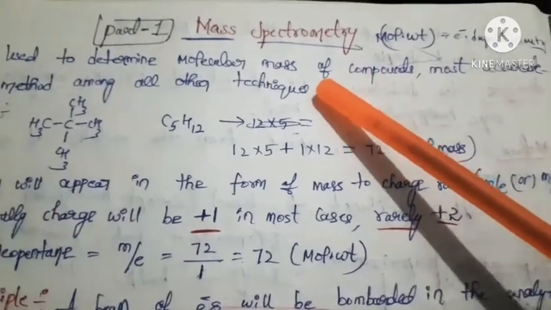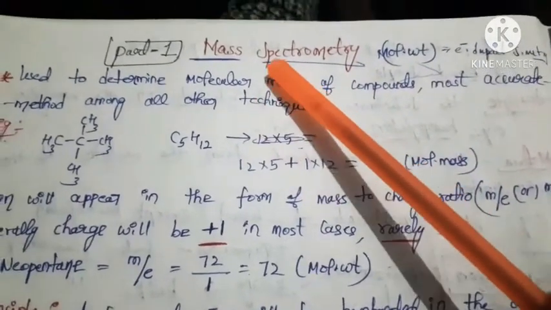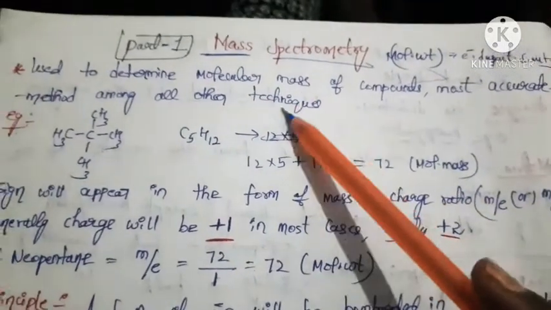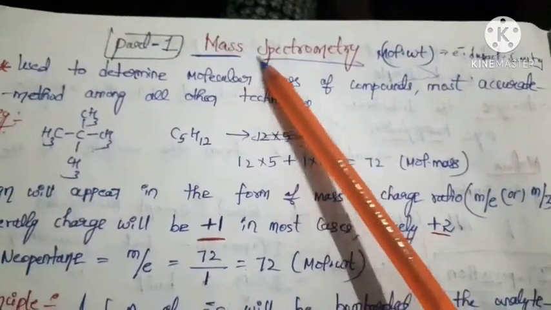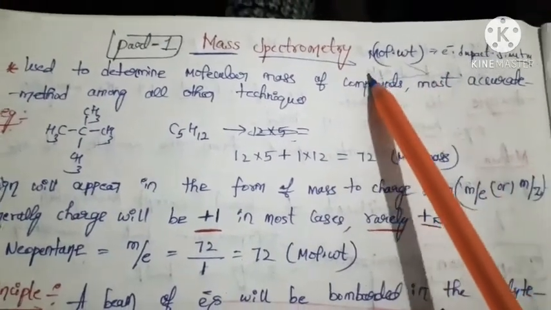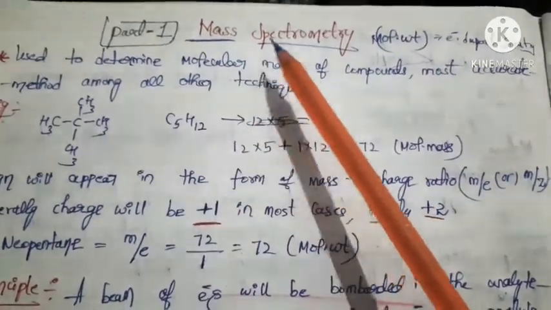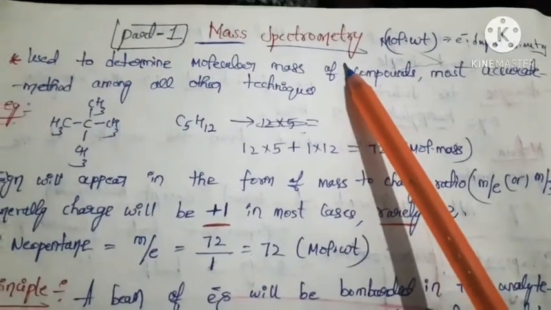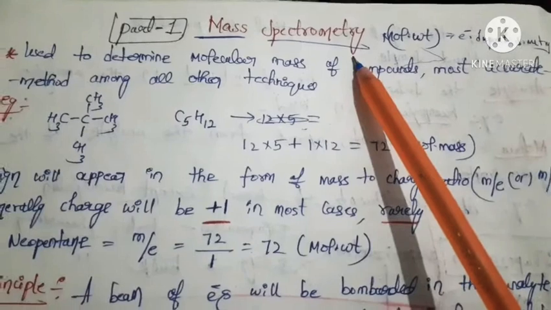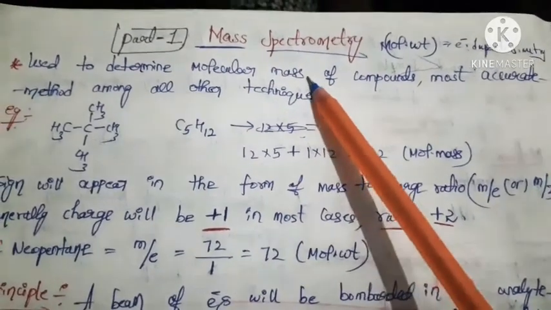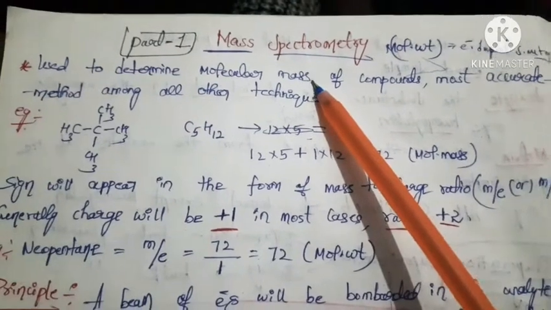See next, the name itself indicates that mass spectrometry is mostly based on molecular weight. Next, this mass spectrometry is also called electron impact spectrometry.